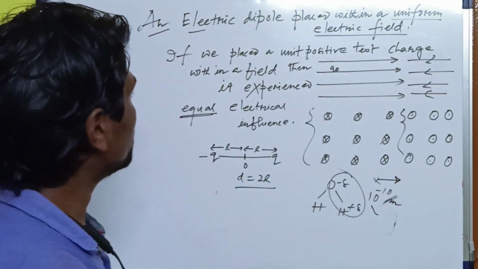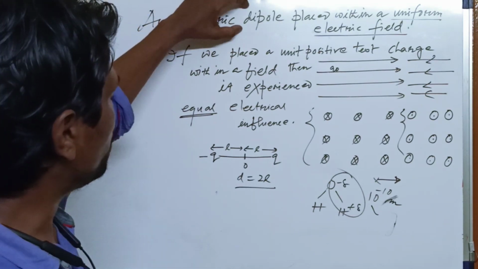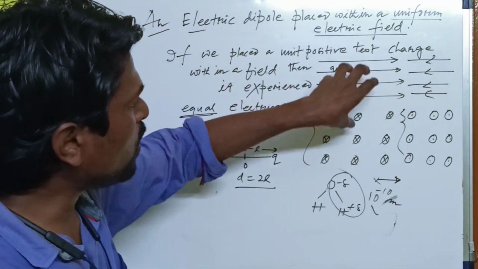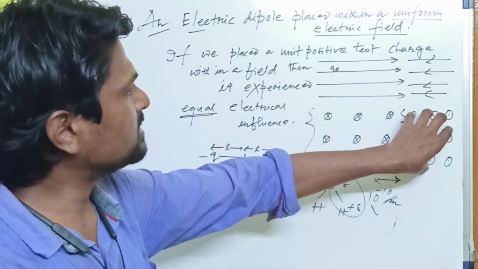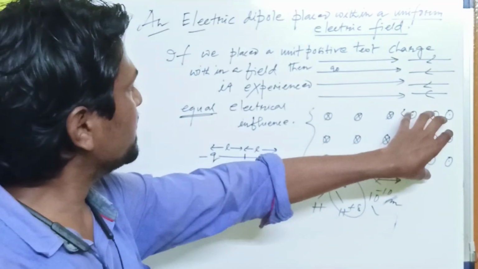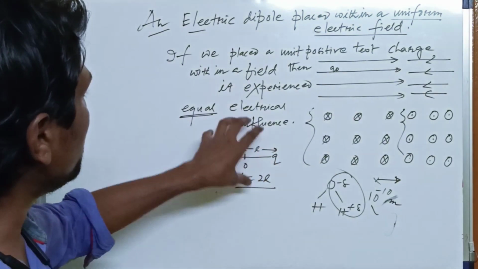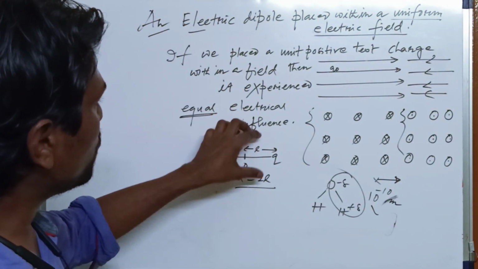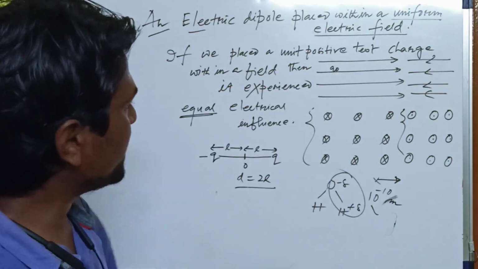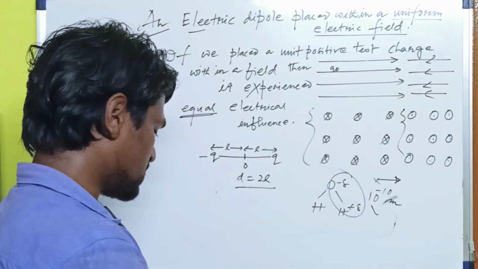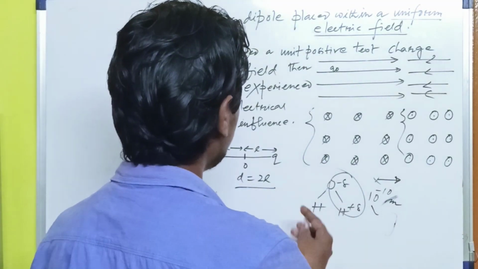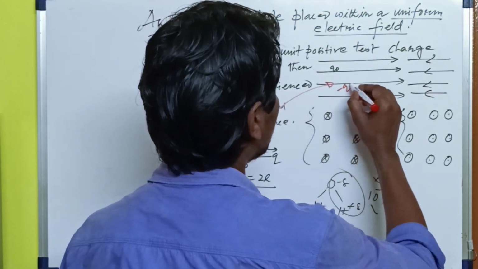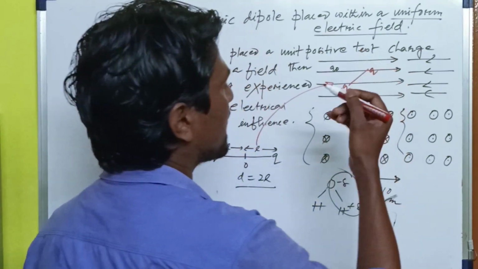So the next question is, an electric dipole is placed within a uniform electric field. Is that clear? I think it is so simple. When an electric dipole is placed, we can place it in that field as minus q, plus q, like that.